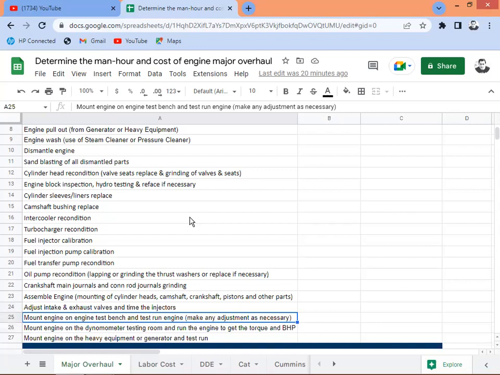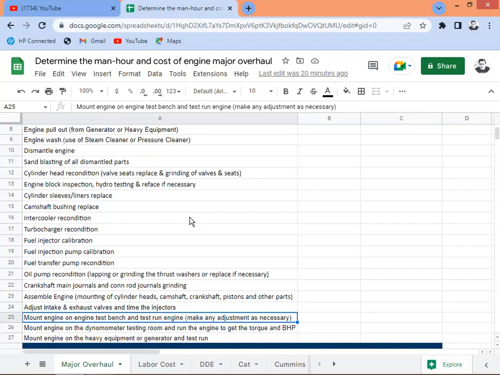Then the mechanic is going to mount the engine on the engine test bench. Most motor pools have a test bench. They run the engine off the heavy equipment or off the generator first before they install it to the generator or mount it to the heavy equipment.